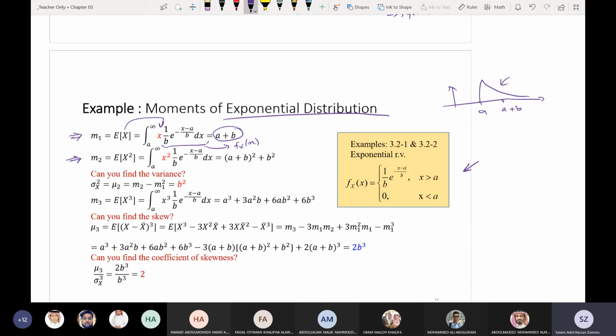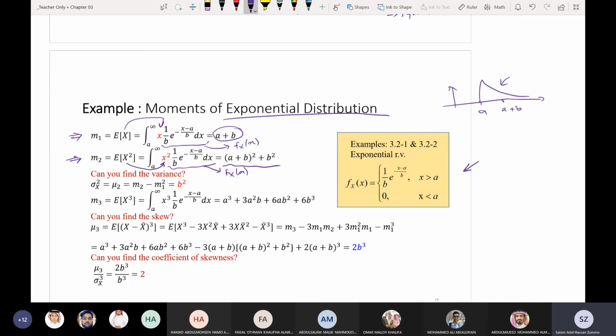m2, the second moment, is the expected value of x squared. So whatever is inside here, we take it inside the integral, and this is the PDF. Again, you need to integrate by parts twice to find this as the mean square value.